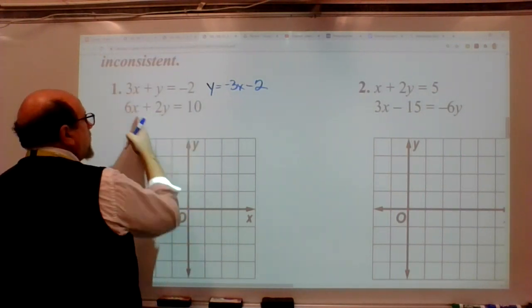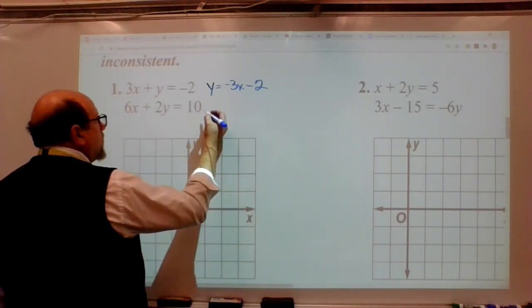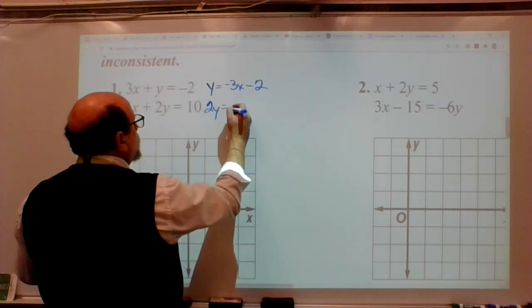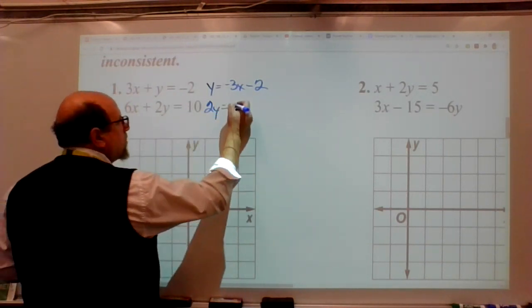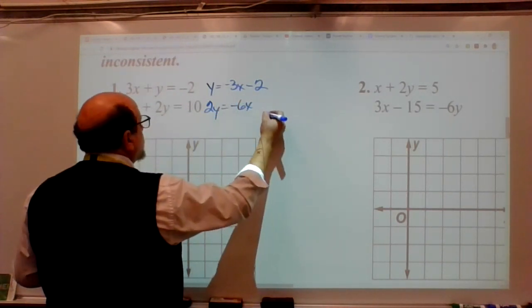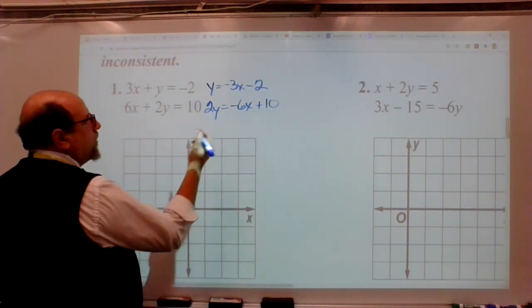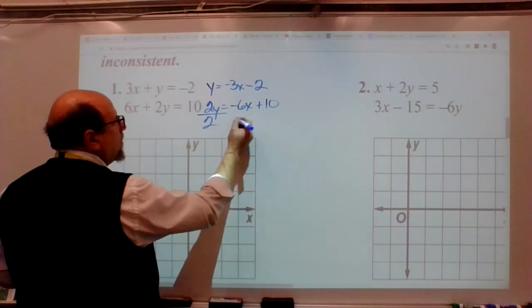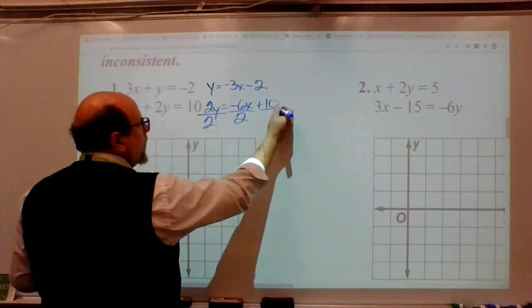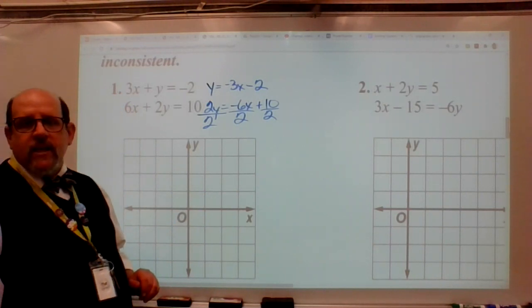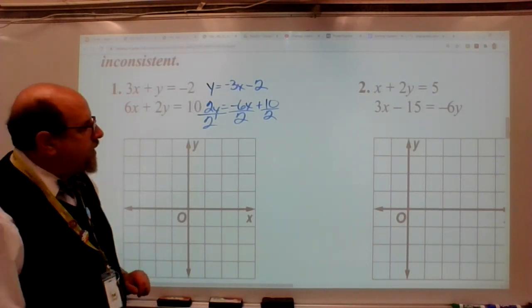So the next thing I'm going to do is fix this one. Now we have 2y equals, subtract 6x from both sides, minus 6x plus 10. Well, I got a 2y here. I only want 1, so I'm going to divide everything by 2. Divide everything by 2. Did you hear that? I think I said it loud enough, right? Okay.